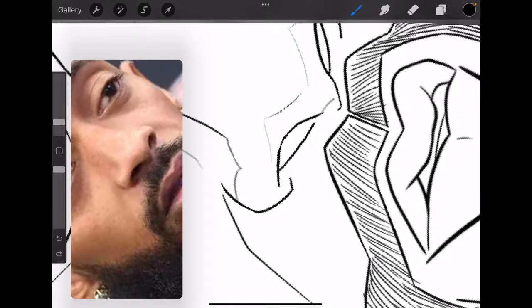And I don't like that angle. Because truth be told, I think the angle is kind of like this. Nope.